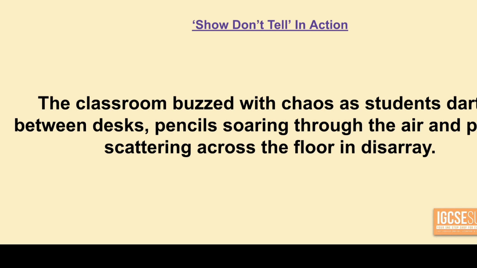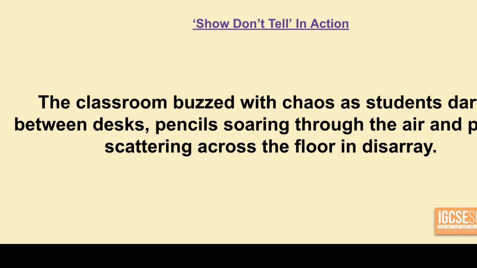So what makes this sentence particularly successful? How does this sentence really show this sort of palpable sense of chaos and energy? Well, of course, through the vivid imagery and action and the diction and everything. So let's unpick it. I've started with that image of the classroom buzzing with chaos.